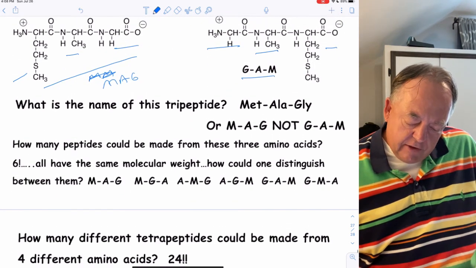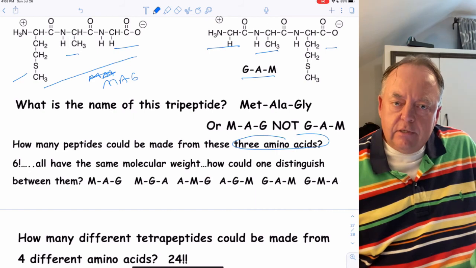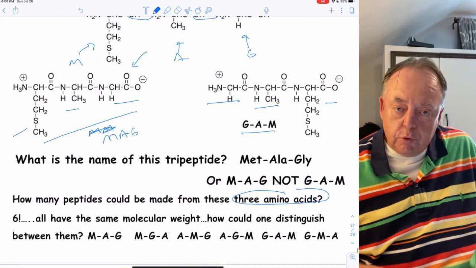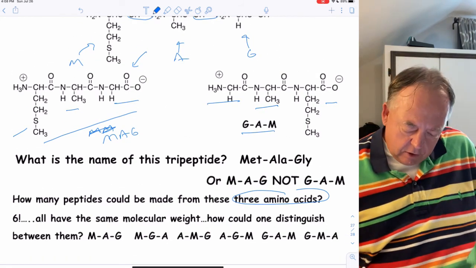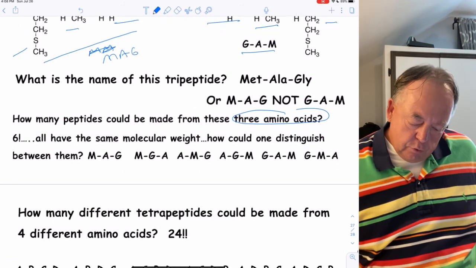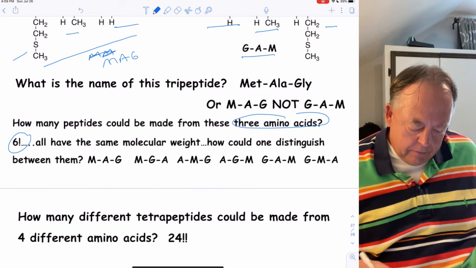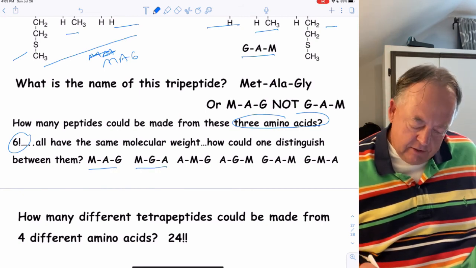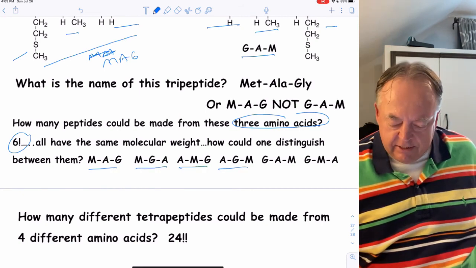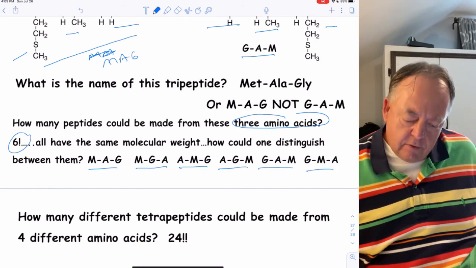Okay, so if you just have 3 amino acids, how many different proteins can you make? I just showed you two tripeptides. So how many could you make? With those 3 amino acids, you could make 6 different tripeptides. You can make MAG, MGA, AMG, AGM, GAM, or GMA, right?